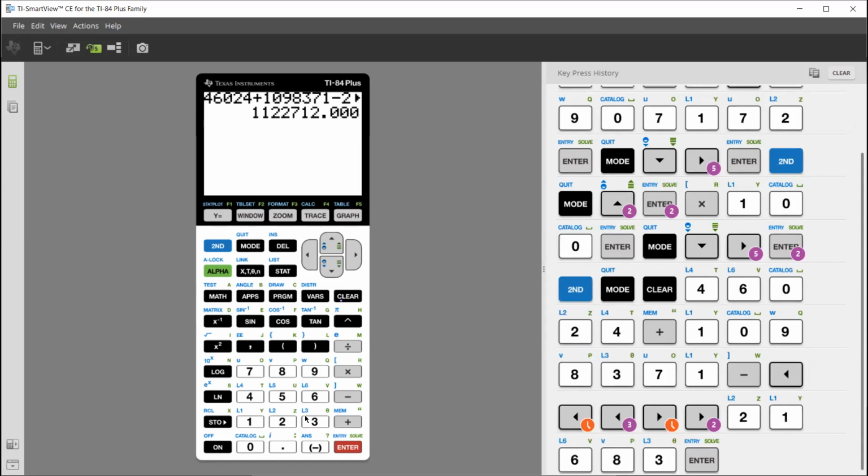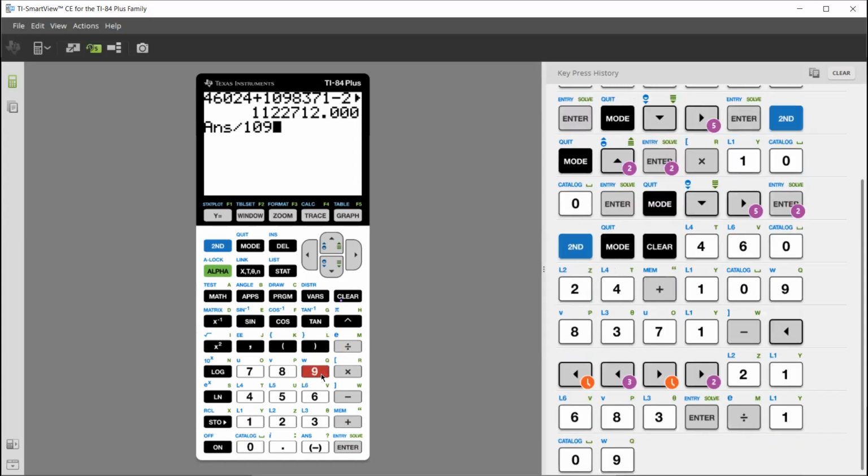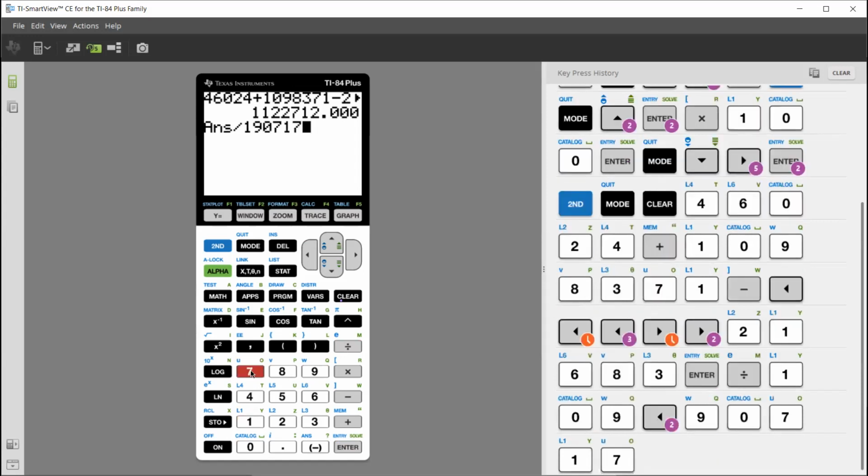And that gives us 1,122,712. And we divide that by 1,907,172.